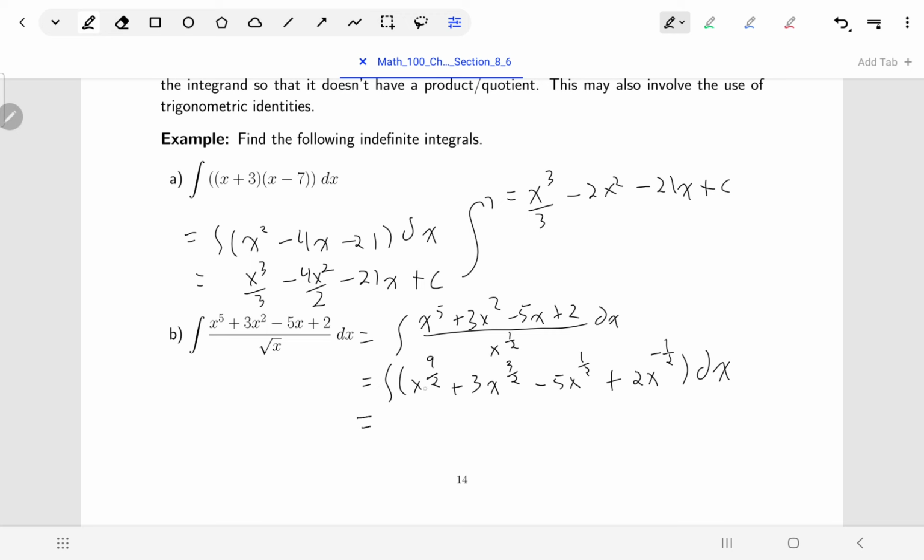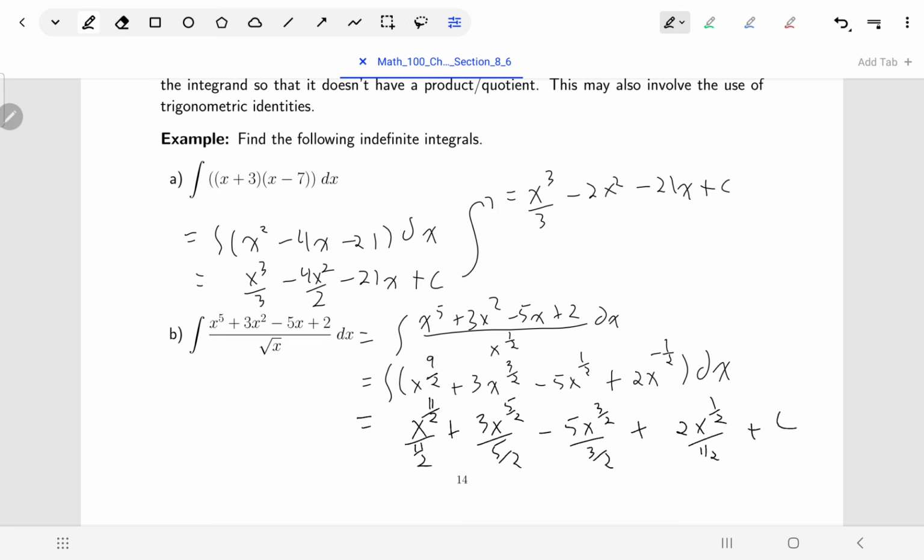So we'll have adding 1 to the power, then dividing by powers, we'll have x to the 11/2 divided by 11/2. We'll have 3x to the 5/2 divided by 5/2. We'll have minus 5x to the 3/2 divided by 3/2, and then 2x to the 1/2 divided by 1/2.